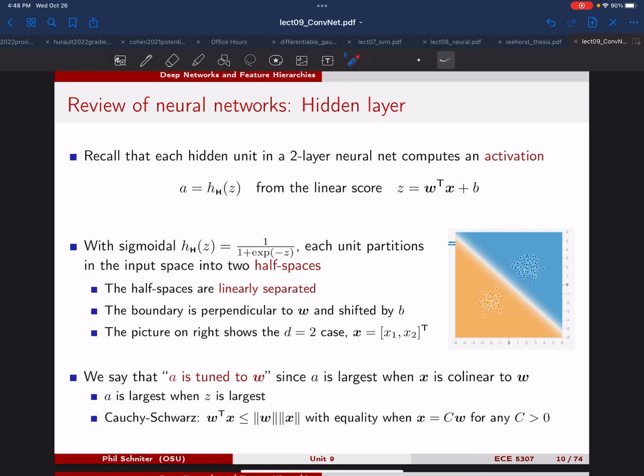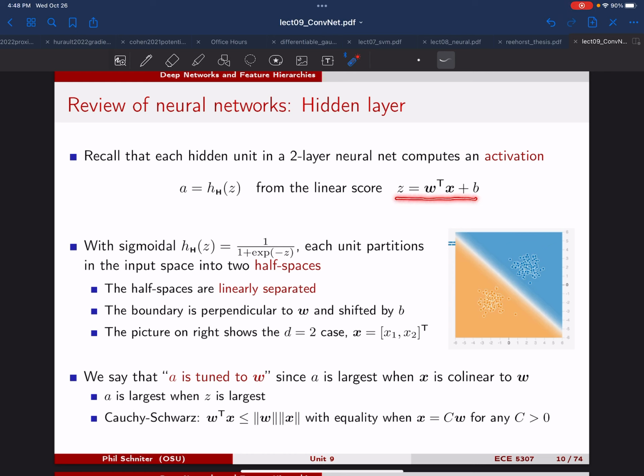Something to keep in mind, sometimes we could say that the output A is tuned to W, in the sense that if you think about what is the input X that makes A the largest? Well, this activation function tends to be increasing. So if you want to make A large, you should be making Z large.